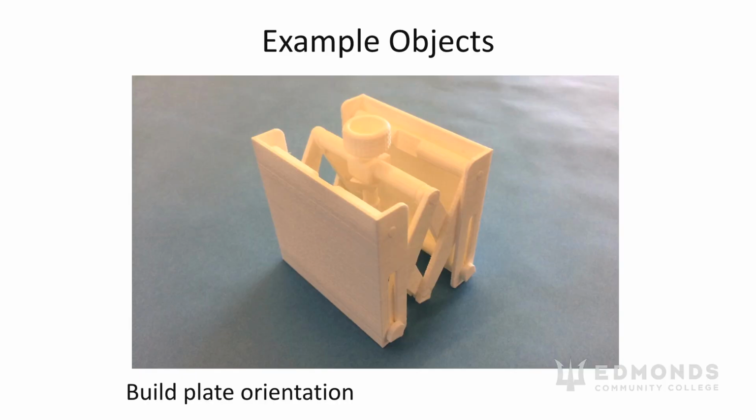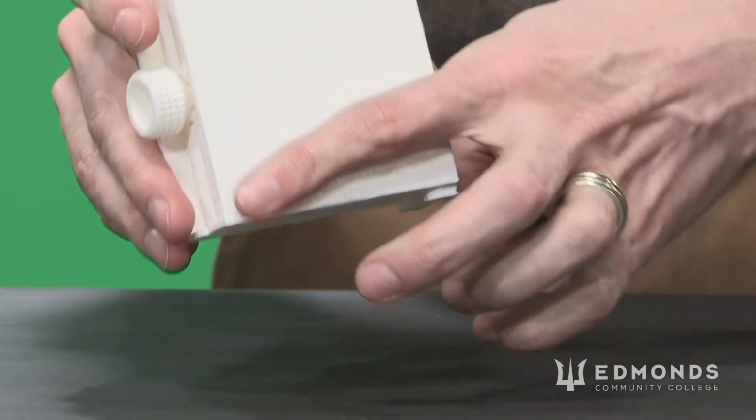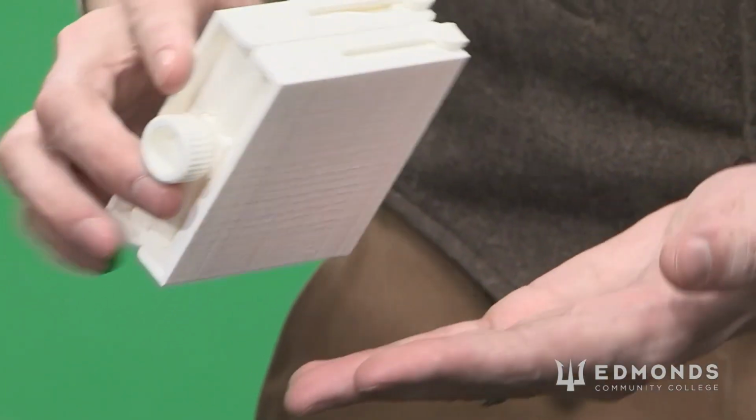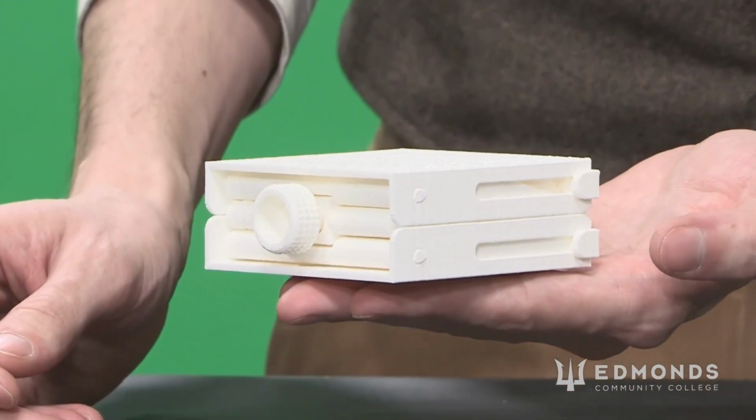Here we have an object which requires us to print in a specific build orientation. At first, taking a look at this object, we might think that we want to print with our build plate on this large flat face right there.